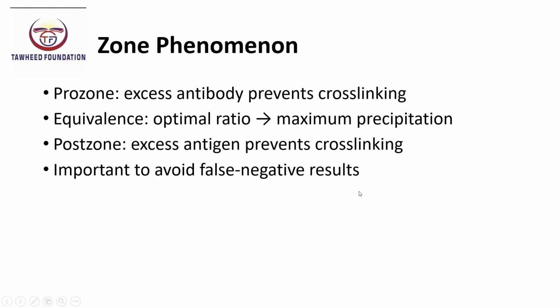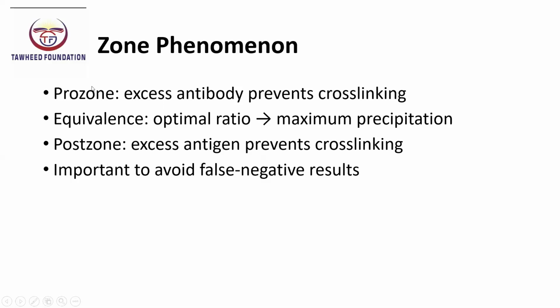Next is zone phenomenon. The zone phenomenon describes how the relative concentration of antigen and antibody affects precipitation. There are three zones. First is prozone, equivalence, and post zones.